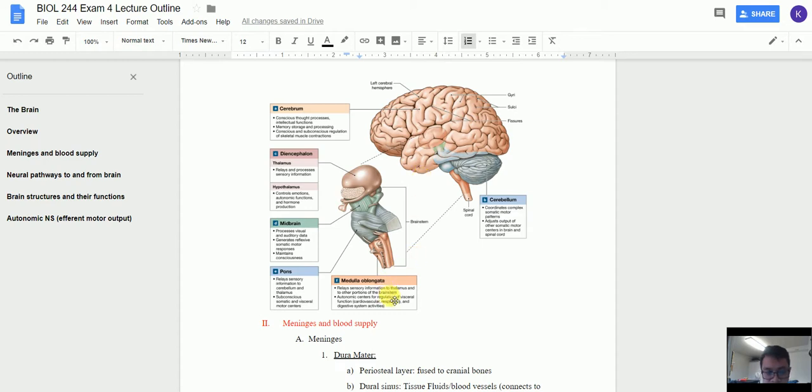It has autonomic centers for regulation of visceral function: cardiovascular, respiratory, and digestive system activities. The cerebellum adjusts the output of our somatic motor centers in the brain and spinal cord.